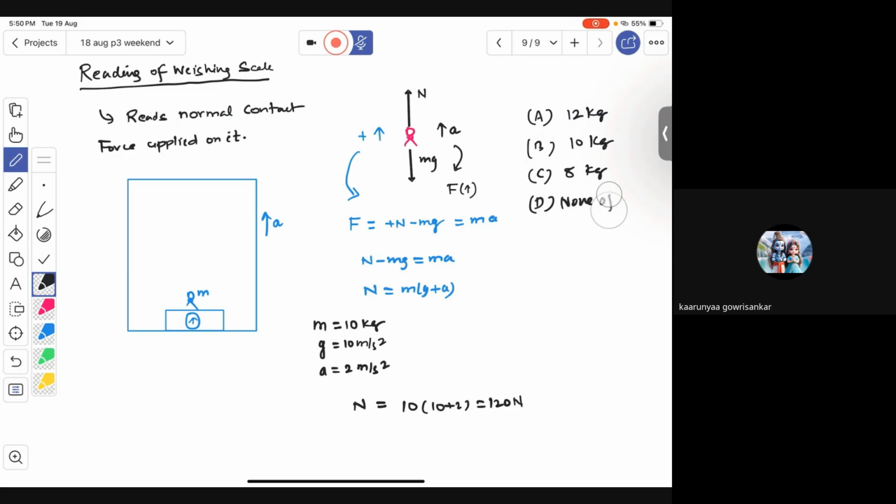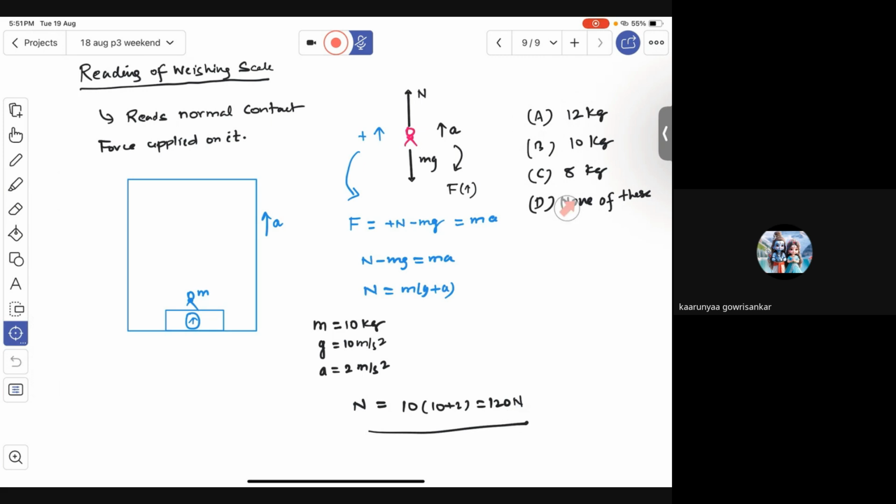So I hope you are getting the point here: the reading that I'm getting is in newtons, but the options are in kgs. What does it really mean? This kg is sometimes written as kgf, or sometimes as kg weight. Both are the same thing.